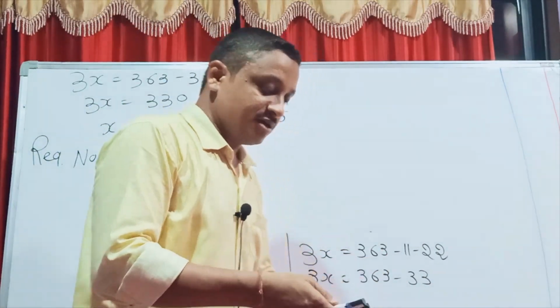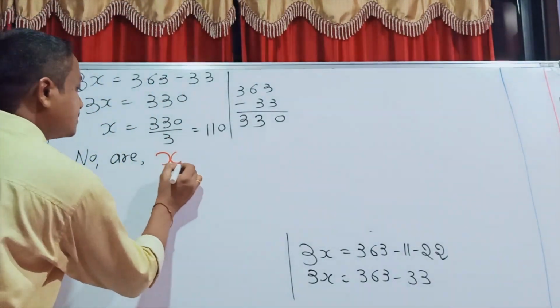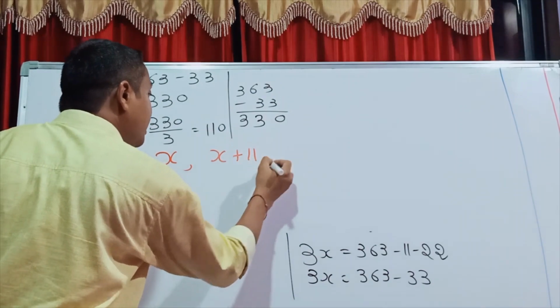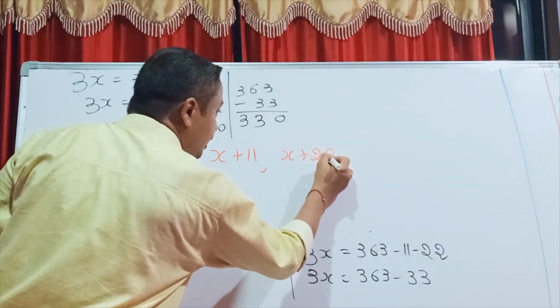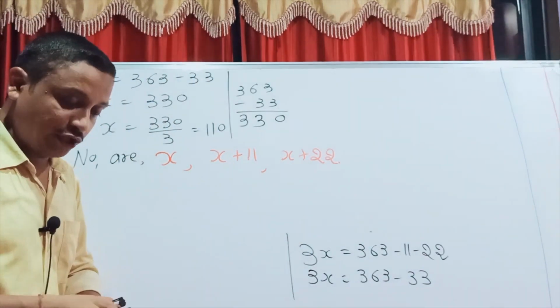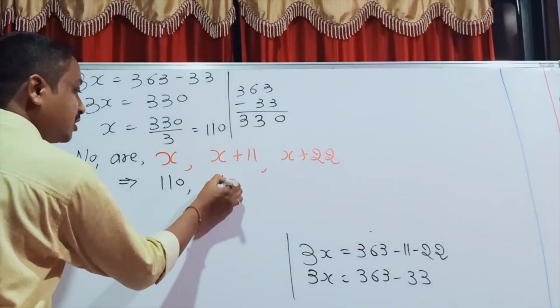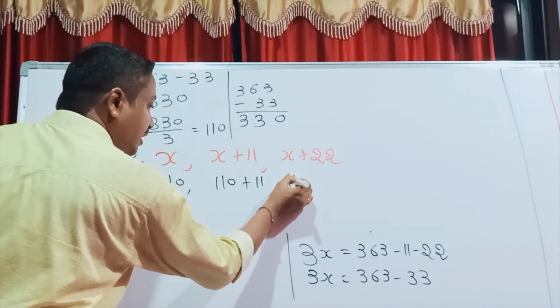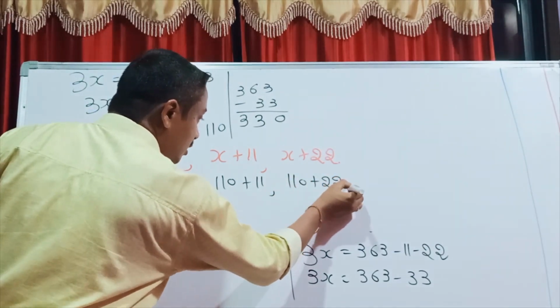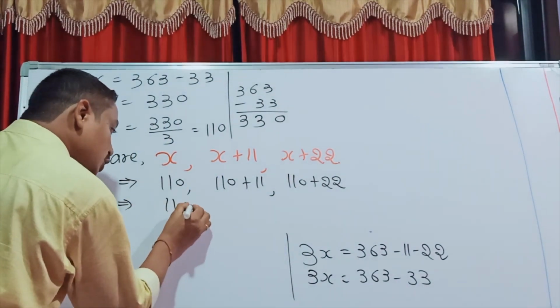Yes, that is x, x plus 11 and x plus 22. Apply their values. The x value is known. It is 110. Next, 110 plus 11. And here 110 plus 22.